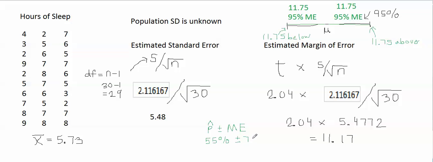So I have to add and subtract 7%. If I subtract 7 from 55, I get 48. And when I add 55 plus 7, I get 62. So I get these two numbers by adding and subtracting.